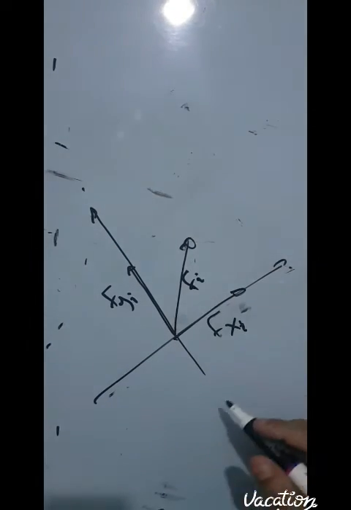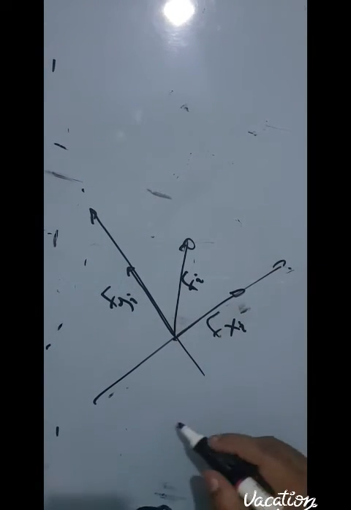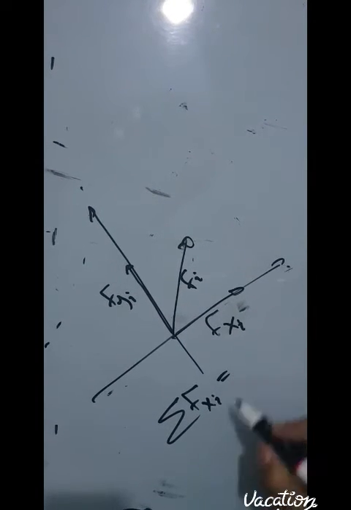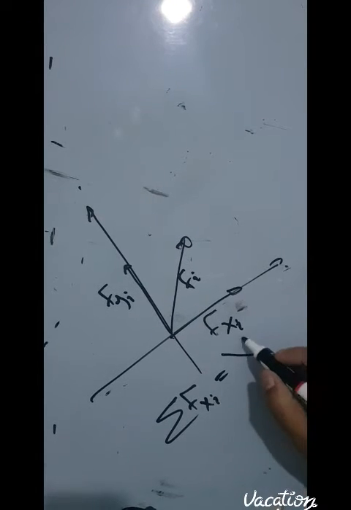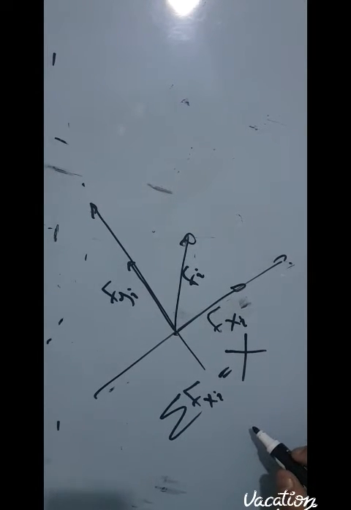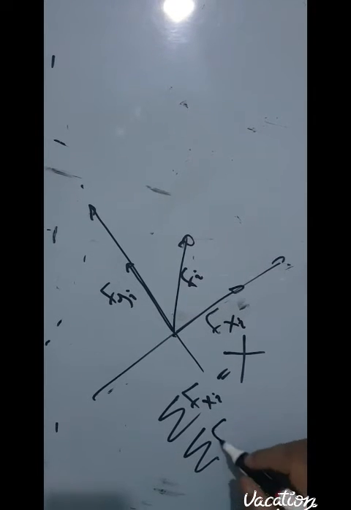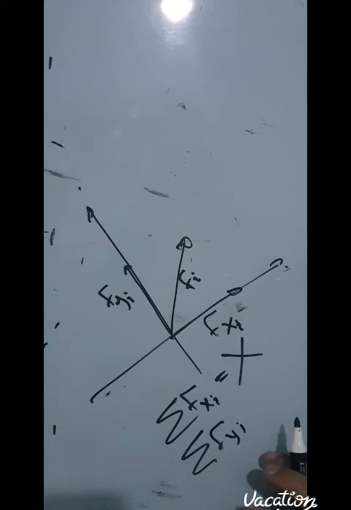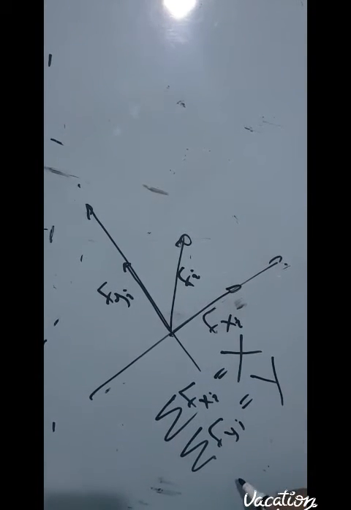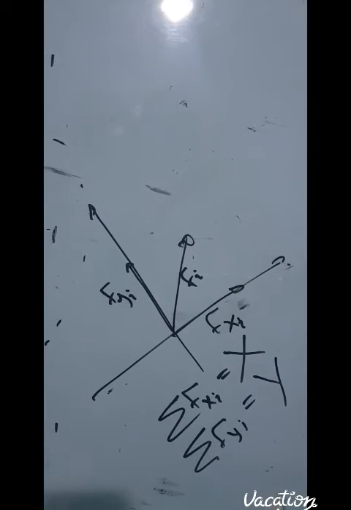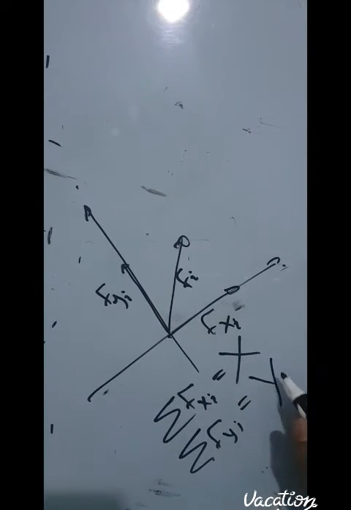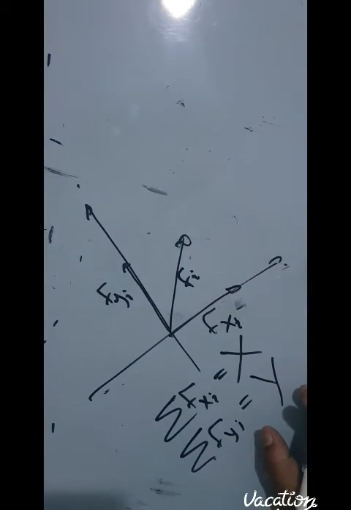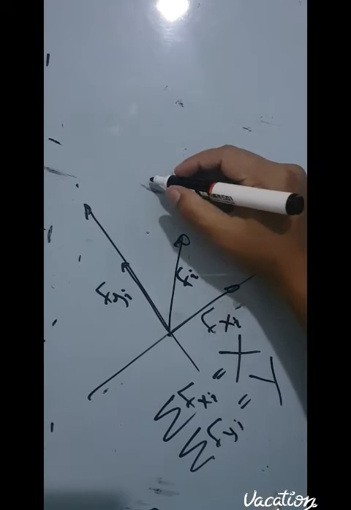So if I sum up all of these components of all these forces, let's say sum of Fxi, we can call it the x component. Okay, what about sum of Fyi, which means all the y components of all the forces available? This is the y component. Now if you know the x component and y component, these are the components of all the forces available, right?